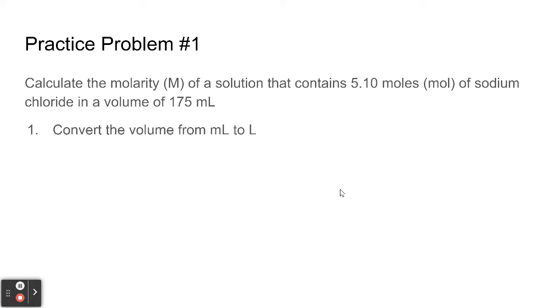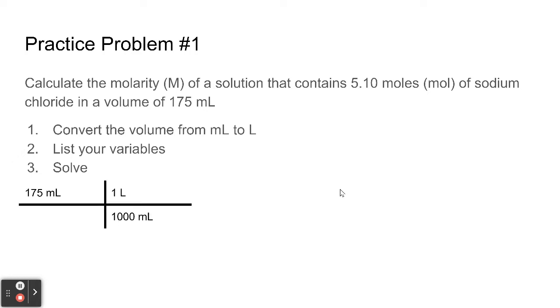So if we're converting the volume from milliliters to liters first, then we're going to list our variables and solve the question. Pretty straightforward. So if we're converting from milliliters to liters, we're going to do our T-chart. In our T-chart, what we're starting with is 175 milliliters, which is given to you in the question.